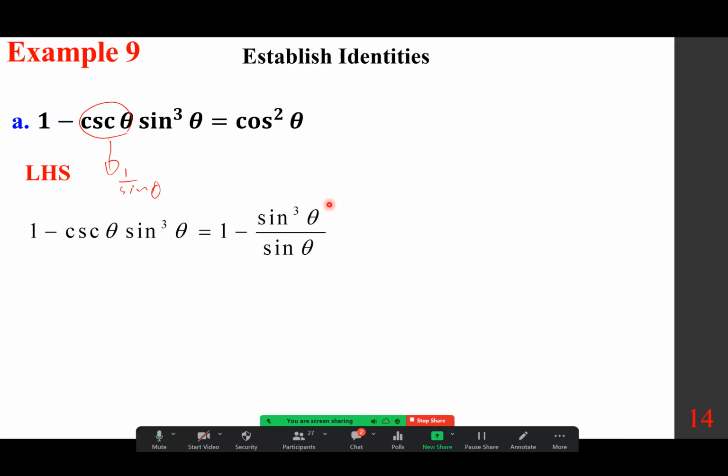This is sine squared. And 1 minus sine squared is cosine squared theta, which is the right-hand side. So it's a very easy proof.